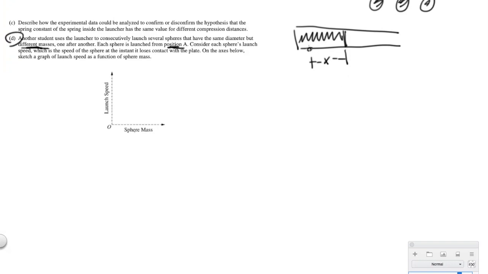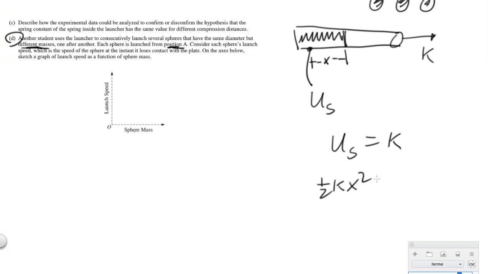Well, again, we start out with potential of spring. When the sphere leaves the launcher, it's kinetic. Potential of spring equals kinetic. 1/2 kx squared equals 1/2 mv squared. The 1/2s drop out, and we are now solving for, let's solve this for v squared.